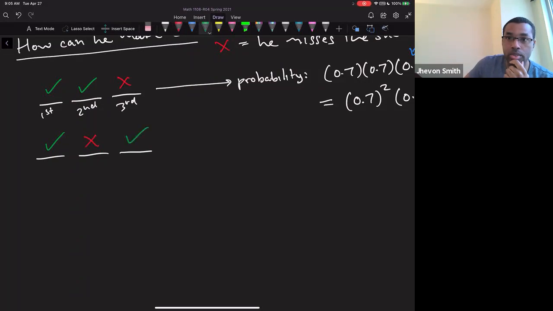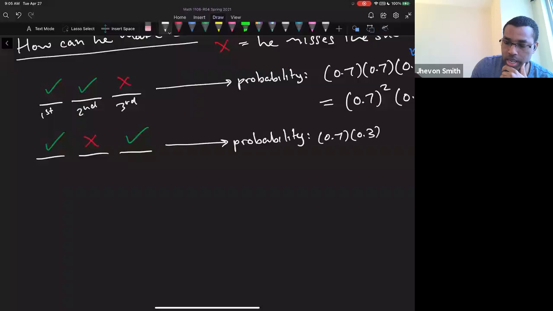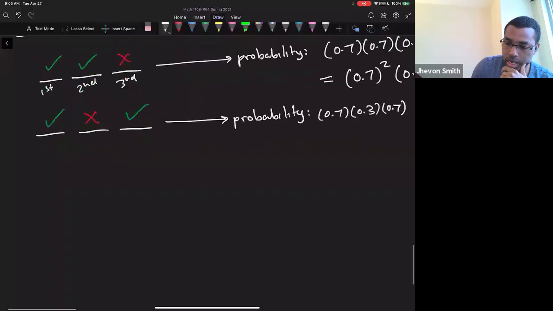That's another way to get 3, right? And so what's that probability? Well, if they're independent, you just multiply them, right? So you'd have 0.7 times 0.3 times 0.7, and that also gives you 0.7 squared times 0.3.